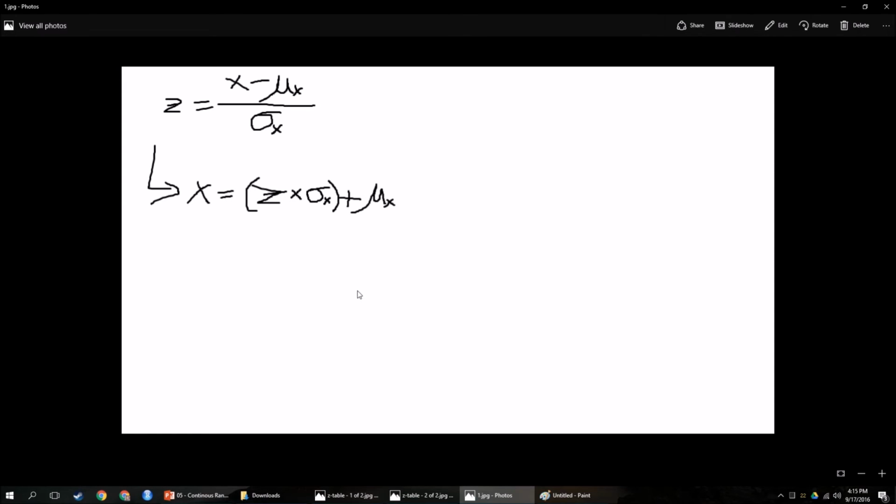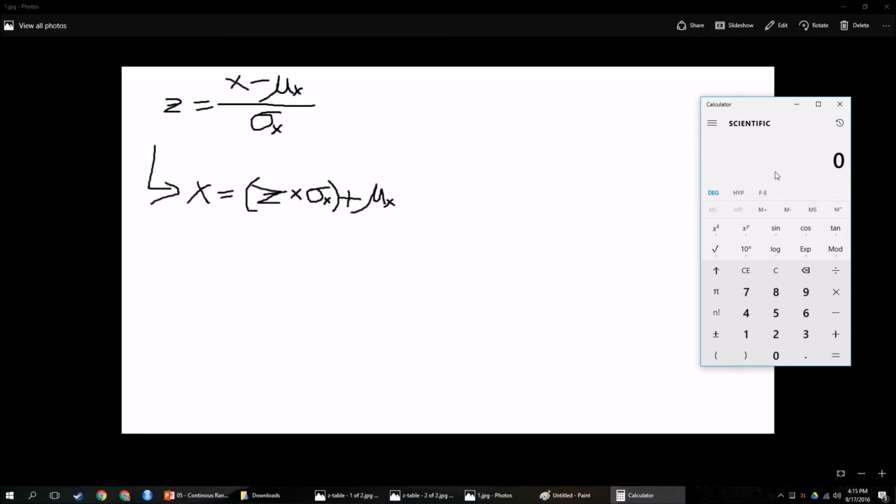And if I do that, I should get 1.28 times the standard deviation of, I think, 2.96. Somebody yell at me if I'm wrong. Plus the mean of 20.68.